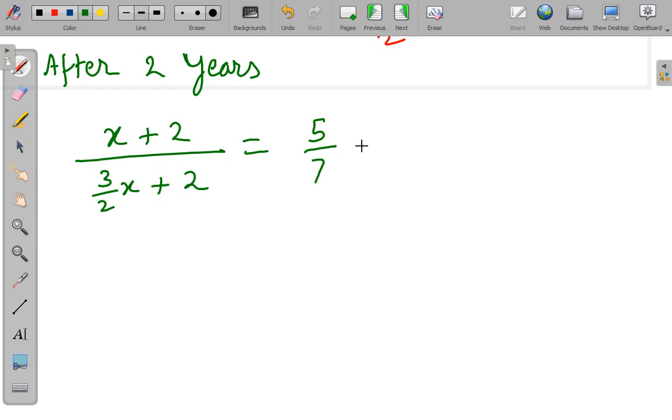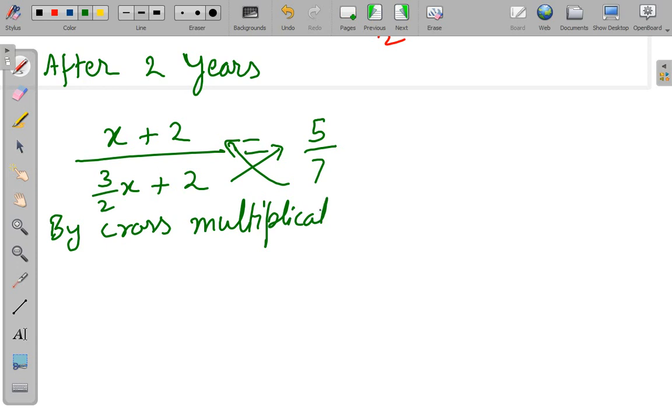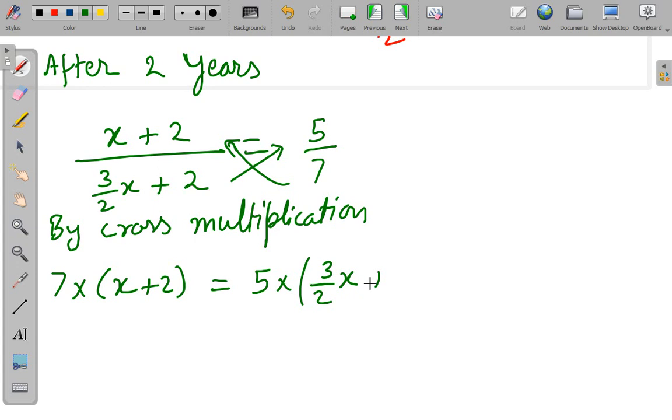The new ratio for these ages will be 5:7. Once again, doing cross multiplication, this is 7 into x plus 2 equal to 5 into 3 by 2 of x plus 2.